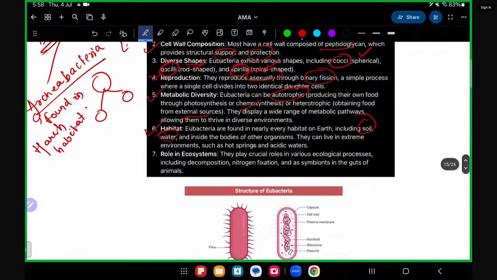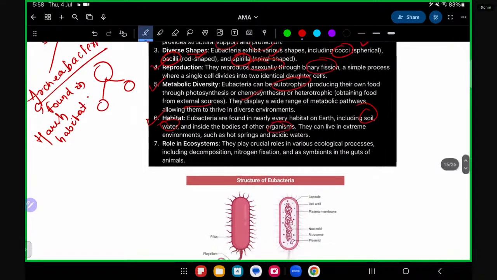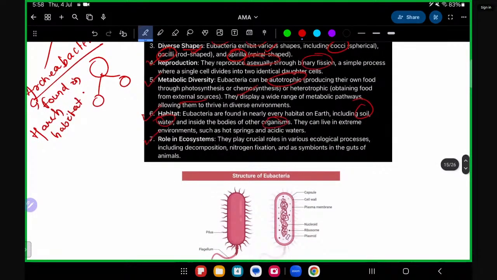Soil, water, inside the bodies of other organisms, right? Then the seventh one is the roles they play in the ecosystem. First, they play crucial roles such as decomposition, then nitrogen fixation, and as symbionts. Okay.